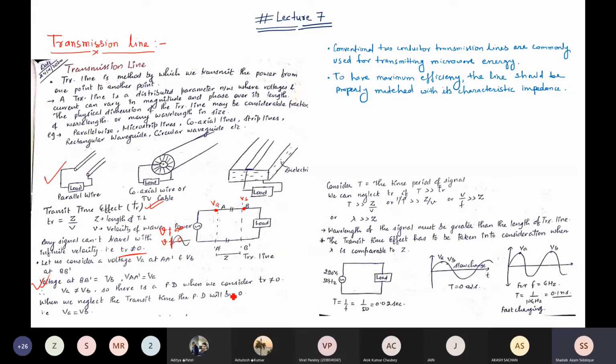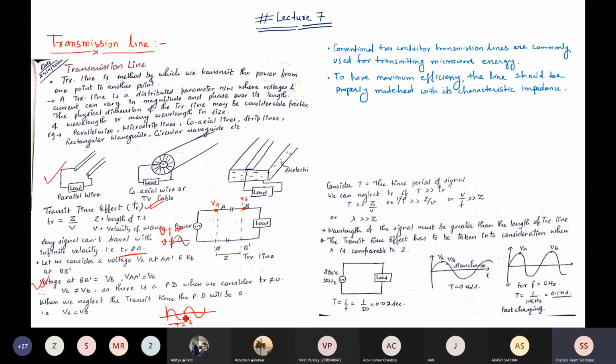To avoid this transit time effect, we need to take some signal, some wave. The wave will have some time period, called capital T, which is 1 by f, 1 upon frequency.